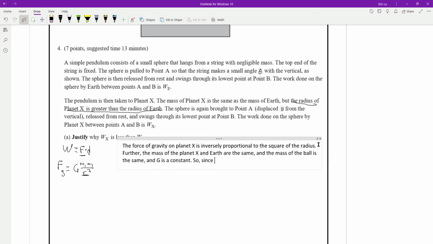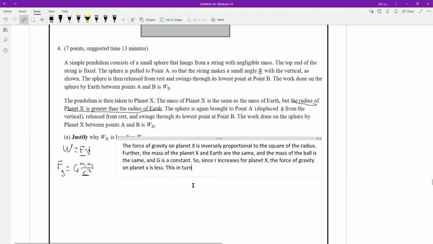So since R increases for planet X, the force of gravity on planet X is less, because if R increases, then Fg decreases.